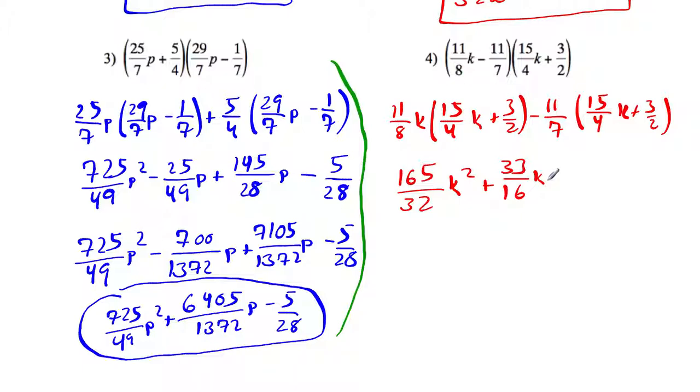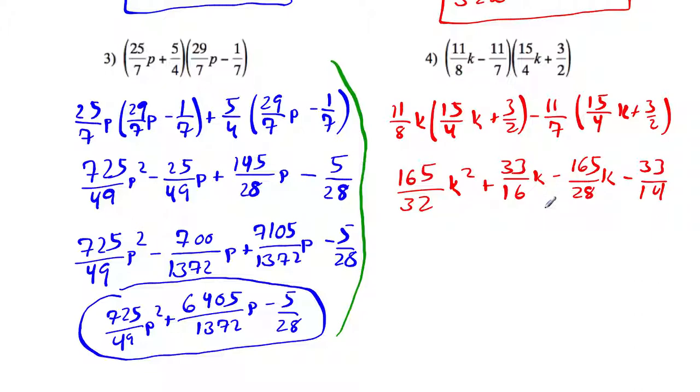Here, no common factors, so 11 times 15 is yet again going to be a negative 165 over 28k. This is a negative times a positive, which is going to be a negative 33 over 14. So we want to combine these two.